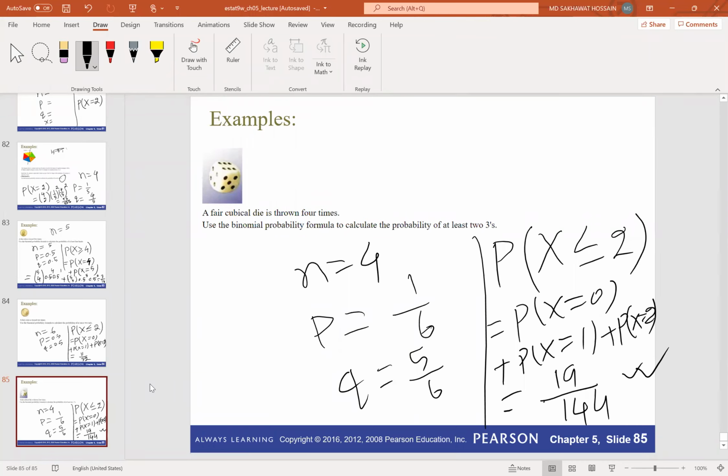The quiz is, I think, 10%. So if you miss one quiz, you will lose 3 to 4% of the total grade. Do you have any other questions?